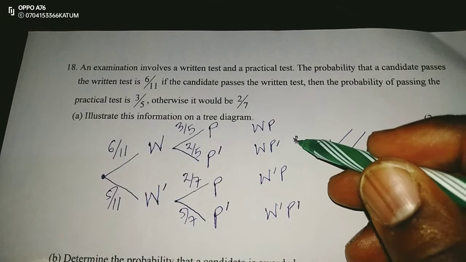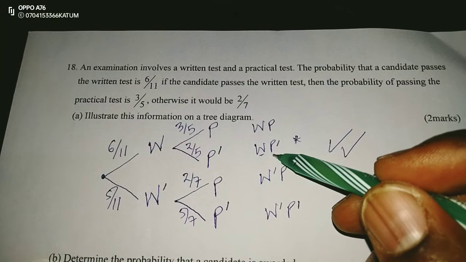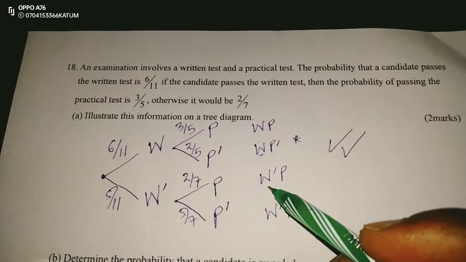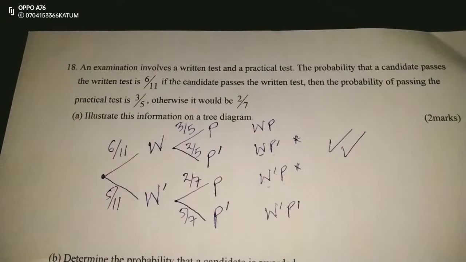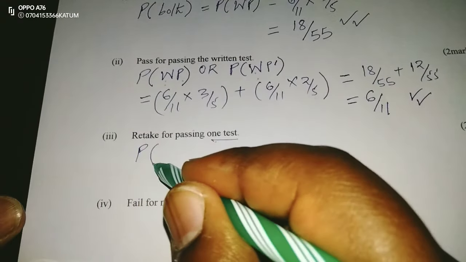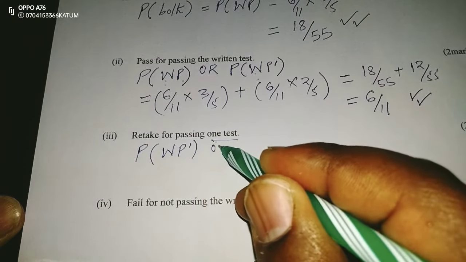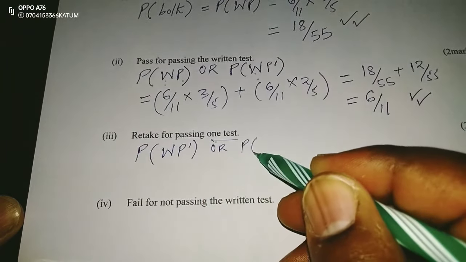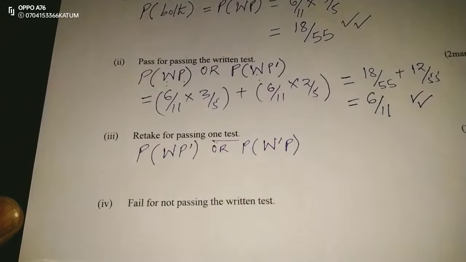So it can either be this, passing in the written and failing in the practical, or you fail in the written but you pass in the practical. So these two. So it's going to be probability you pass in the written but you fail in the prac, or probability you fail in the written but you pass in the prac.